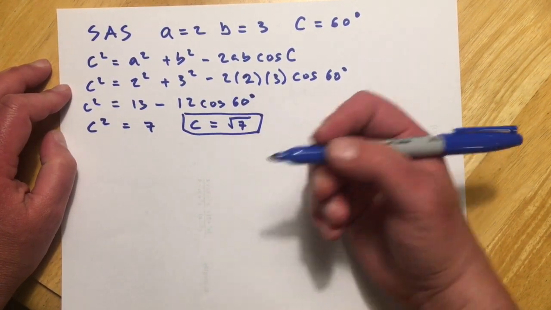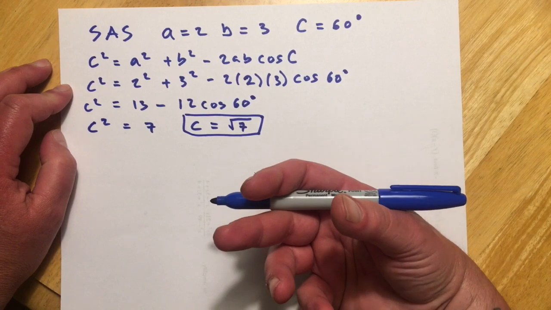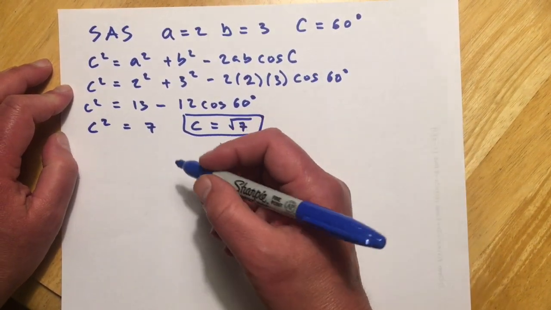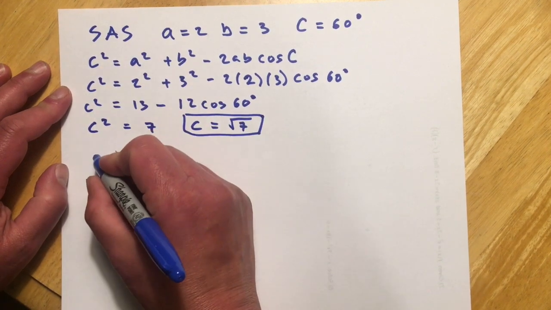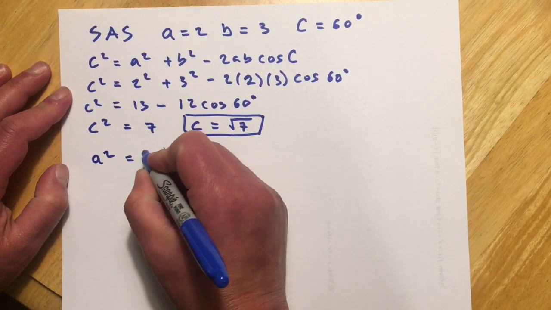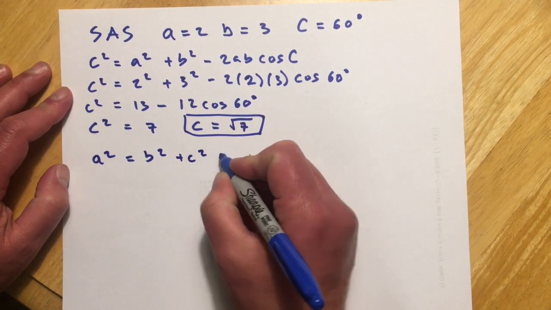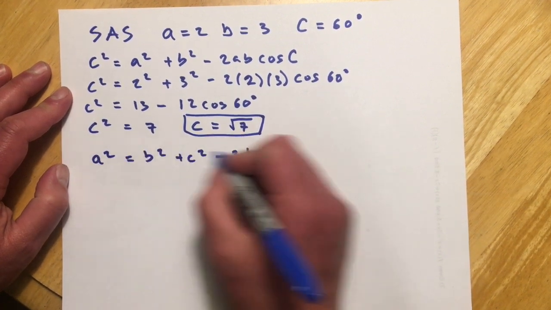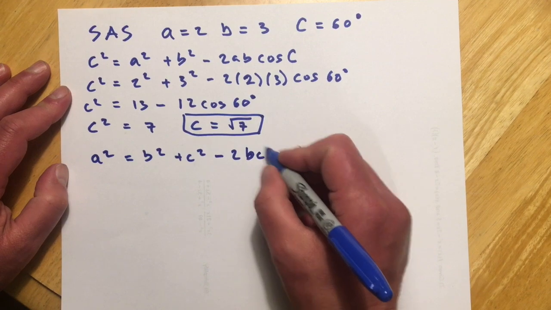I could use law of sines to do this, but that has the ambiguous case, so that's not that attractive. Instead I'm going to use law of cosines, this time for a squared. That one goes a squared equals b squared plus c squared minus 2bc cosine a, just the other letters.